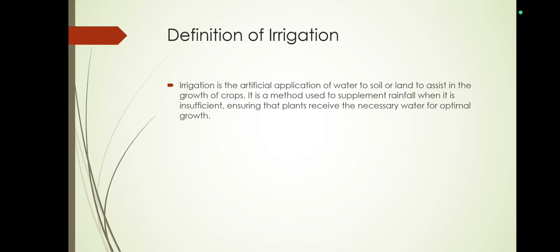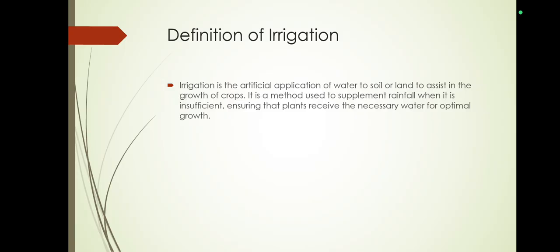So what is irrigation? We all know that plants are living beings and require water and air for their survival. So, irrigation is the artificial application of water to soil or land to assist in the growth of crops.